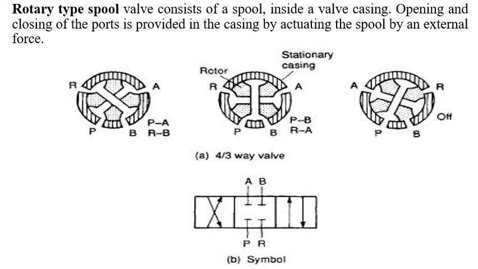You can see here position number 1, position number 2 and position number 3. Hence it is a 4 by 3 valve. What will happen in these cases? Look into this.